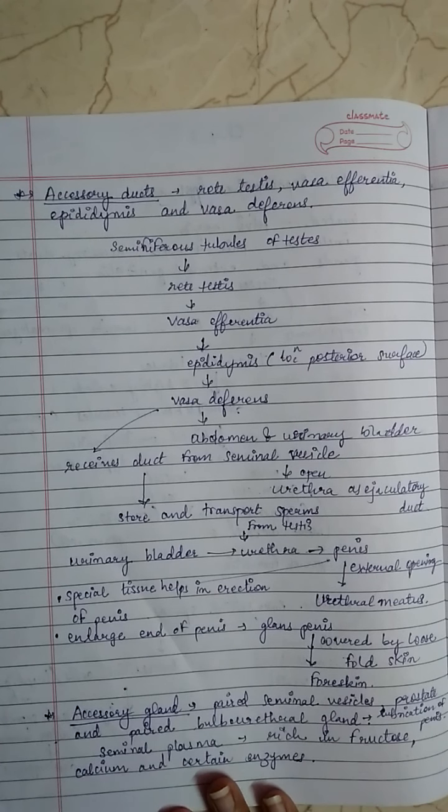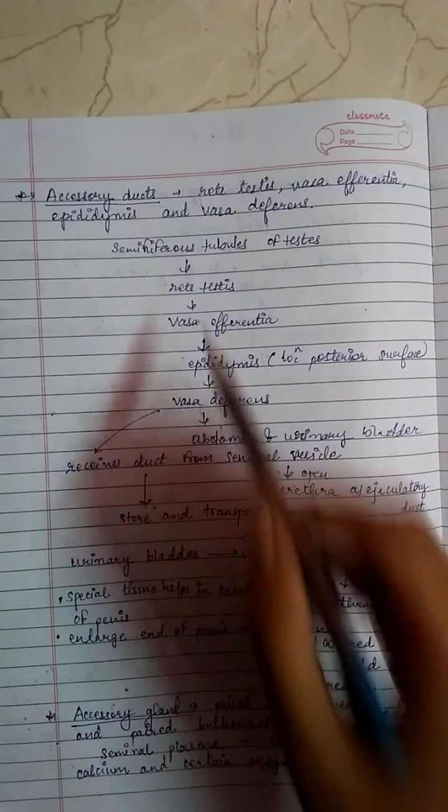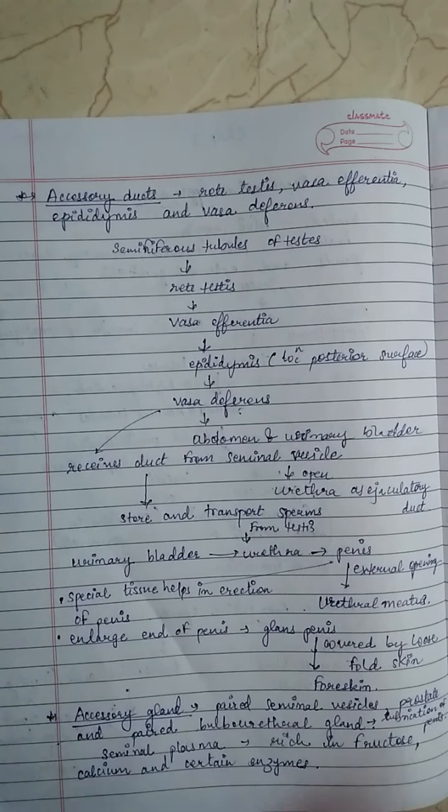The vasa efferentia leave the testis and open into the epididymis located along the posterior surface of each testis. The epididymis leads to the vas deferens. This is the whole flow chart of where the ducts open in the male sex organ.